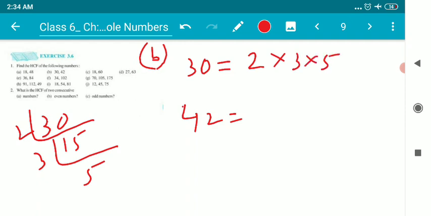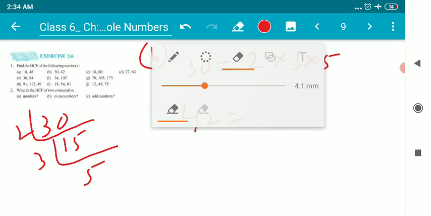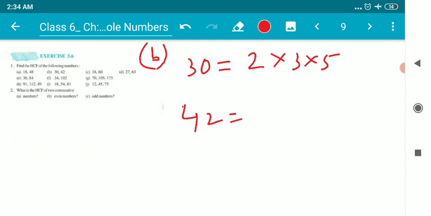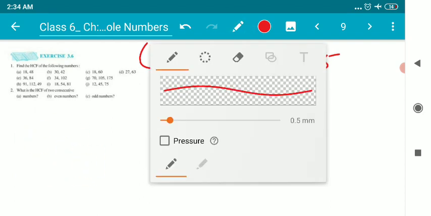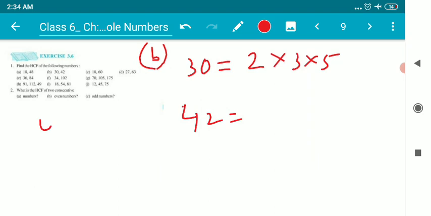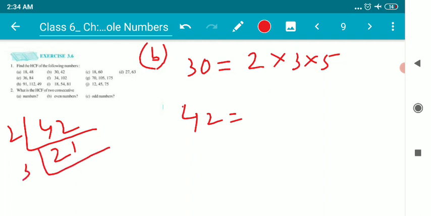Okay, children. Now 42 in a similar way. 2 21s are 42, 3 7s are 21. So what I'm going to write over here: 2 into 3 into 7.